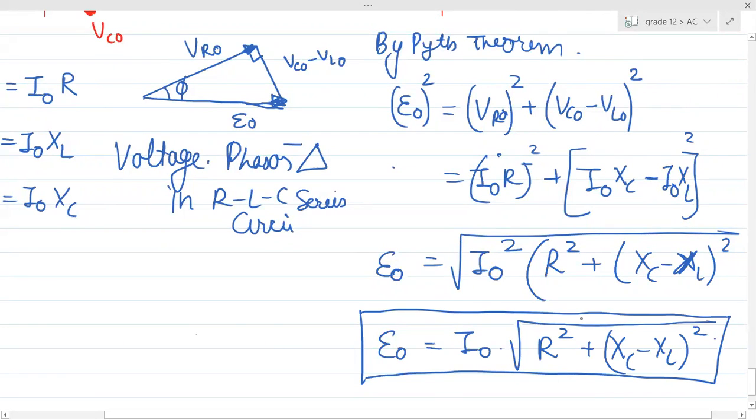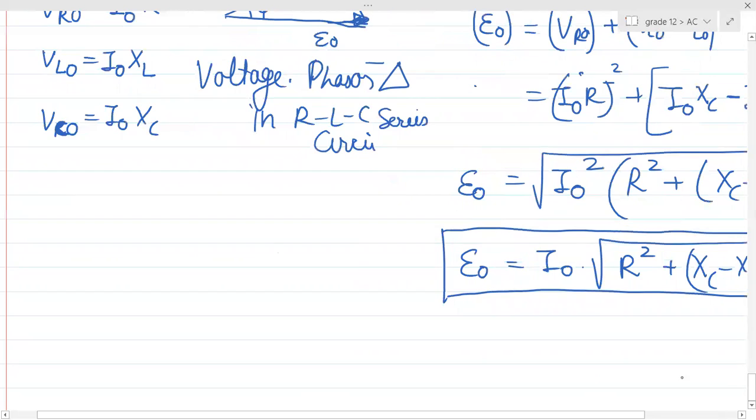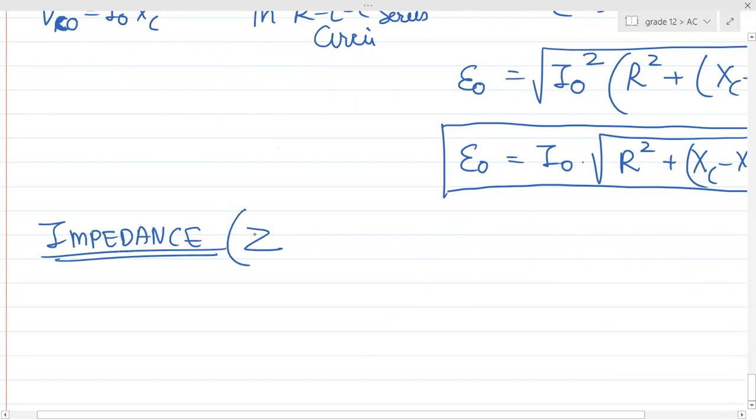Yes, sir. Now, can you see this particular term which I am getting over here, under root of R square plus XC minus XL whole square? If this would have been just a single resistor, then this would have become Ohm's law, right? So here, people define a new physical quantity which is called impedance, and it is denoted by Z. What is impedance?